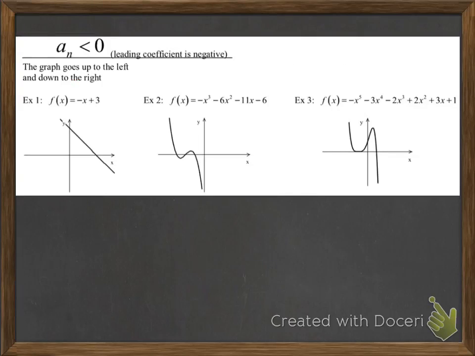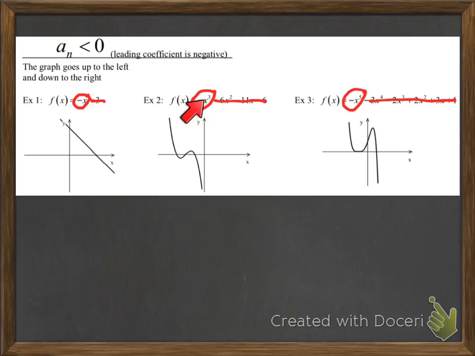Now, if you notice these, here's your leading term, here's your leading term, and your leading term. It does not matter what the rest of this function is doing. This one has an exponent of 1. It's odd, and there's a negative in front for the coefficient, which means you're going to go up to the left and down to the right.